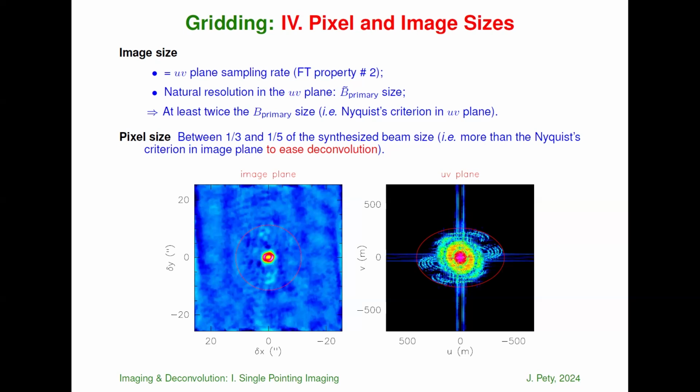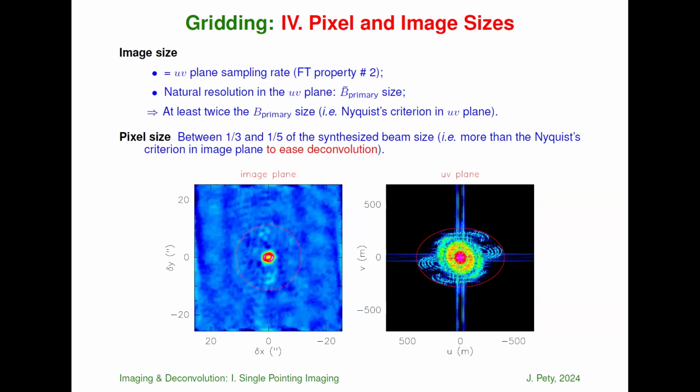And this largest distance will be the angular resolution that you have in your image. And so twice the distance here would be half the angular resolution in the image plane. So you should select at least half the synthesized beam in the image plane. In fact, we are doing more than this. We are going between 1/3 and 1/5 of the synthesized beam in the image plane for the pixel size.